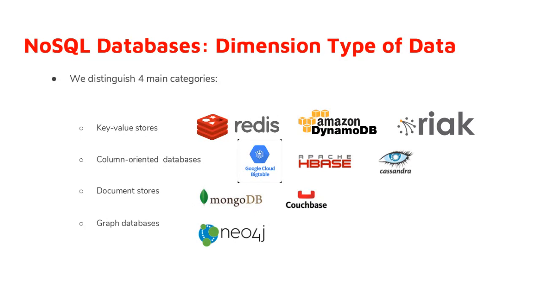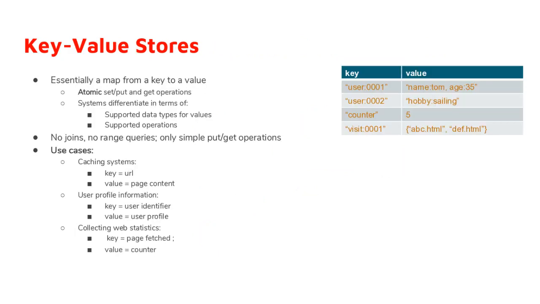Column-oriented databases, and we already saw Google Cloud Bigtable, Apache HBase, which is the open source version of that, and Cassandra. Document stores such as MongoDB and Couchbase, and this afternoon you will do some exercises on MongoDB as an example, and then finally graph databases using Neo4j, for instance.